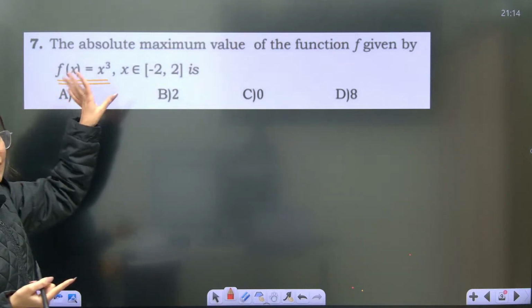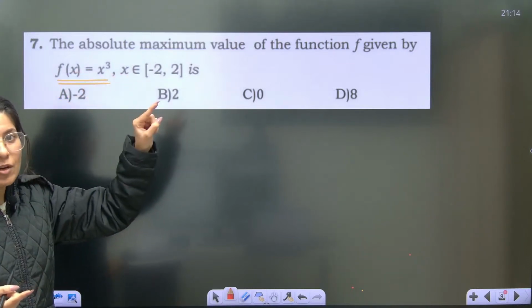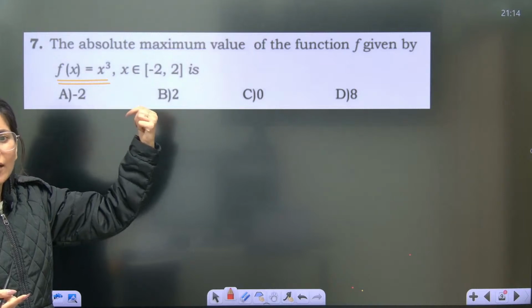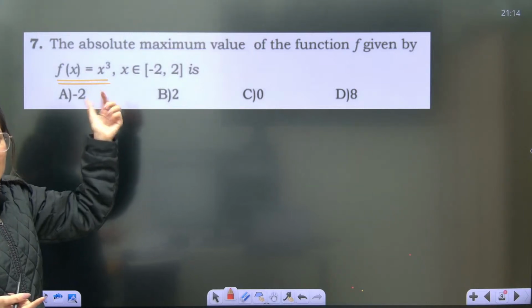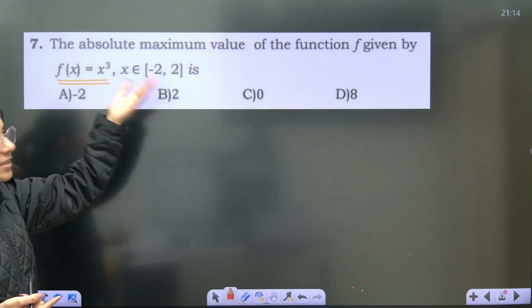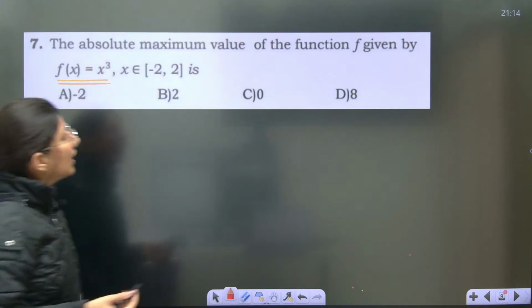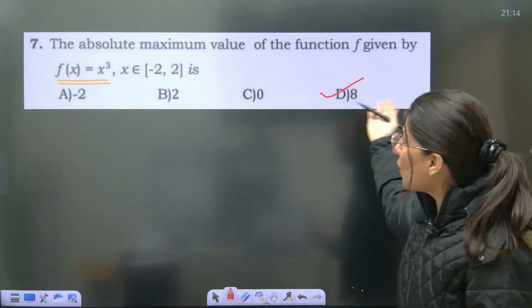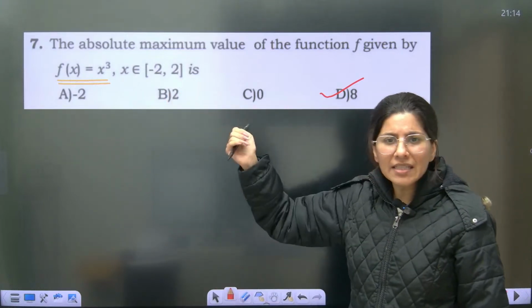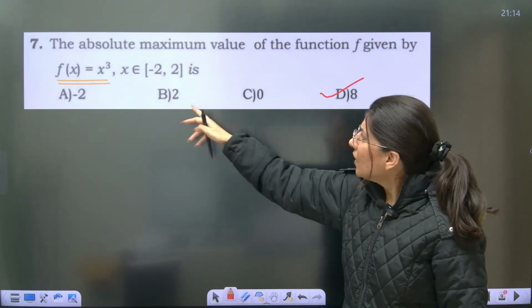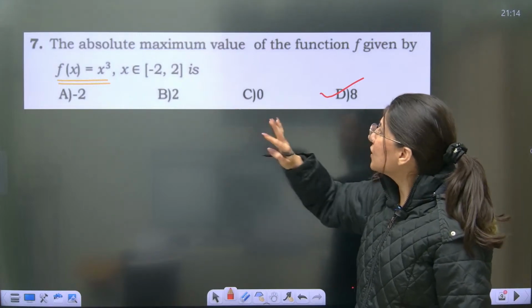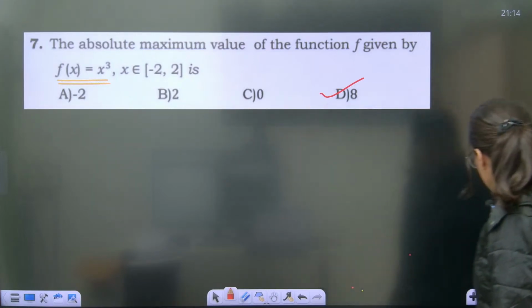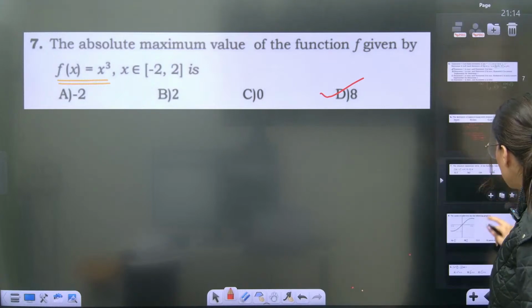If x is negative, you will get a negative quantity. You are looking for maximum value, so obviously you will try to put the positive value, and the maximum positive value will give you the maximum value. So 2 if you put, you are going to get 8. Clearly option D. It is quite intuitive. You put minus 2, you get minus 8. It is not maximum. Put x equals 0. So 8 is something which will be the absolute maximum.